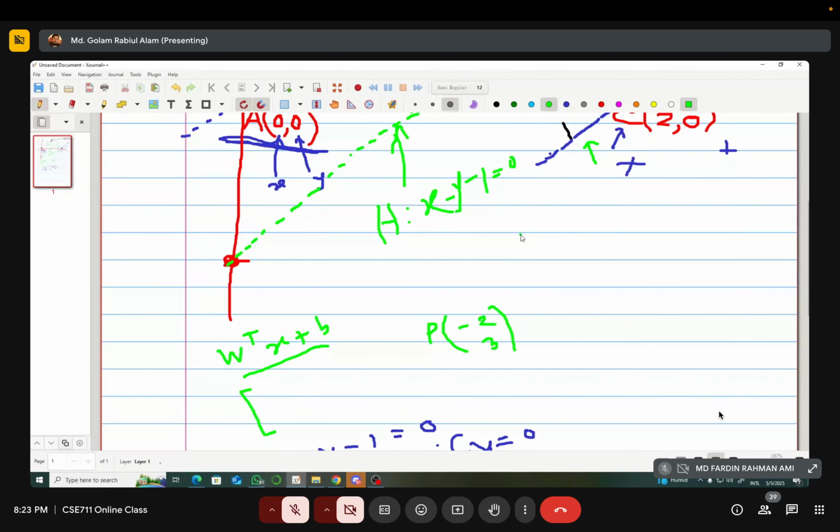That means if we do the transpose, then it will be 1, -1, and then X. This X is now our data point P, that is -2 and here is 3.